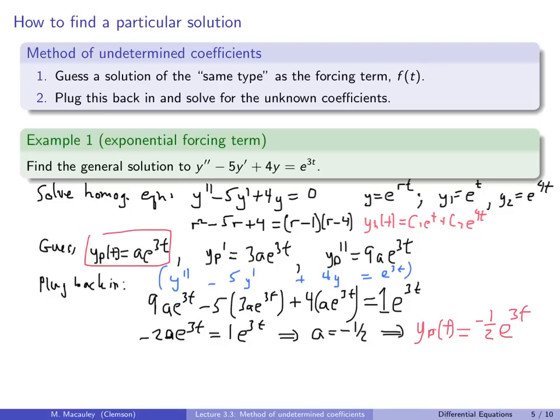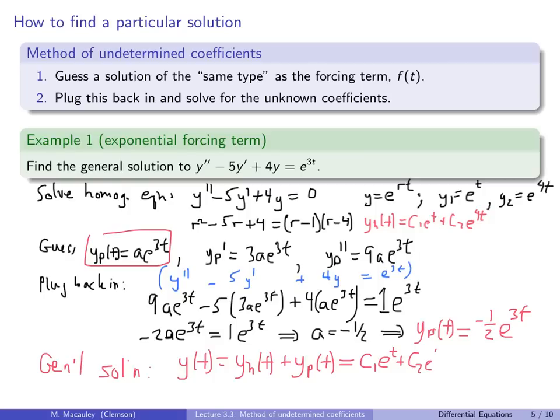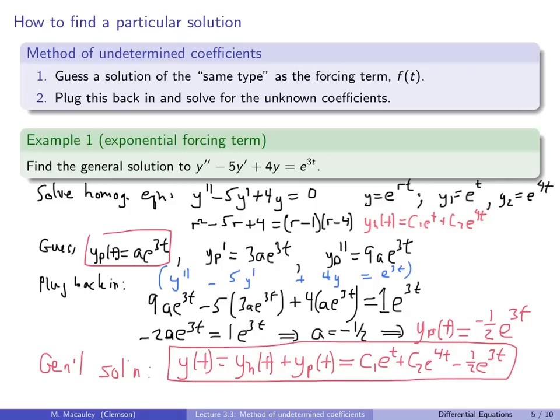So that means that we have our general solution, namely y of t is our homogeneous solution plus our particular solution, which is c1 e to the t plus c2 e to the 4t minus 1/2 e to the 3t. And there it is right there.